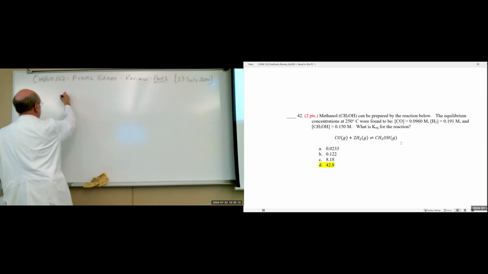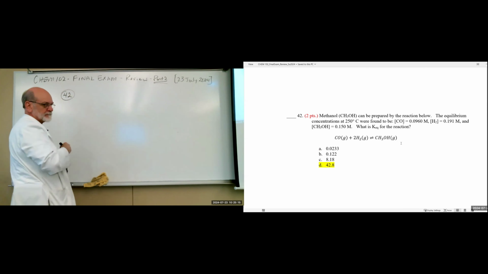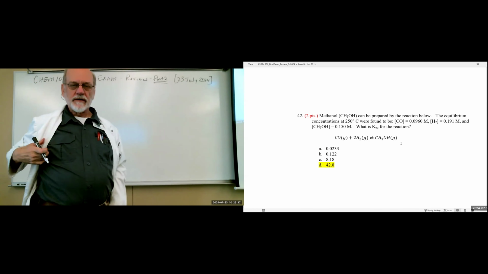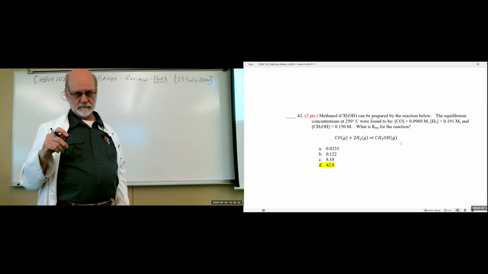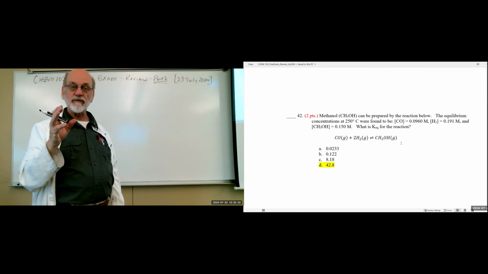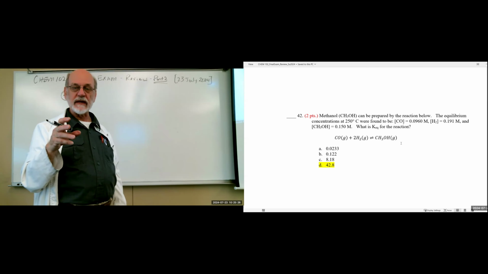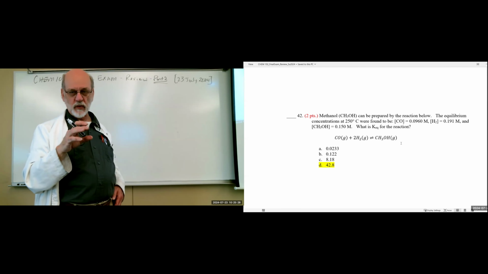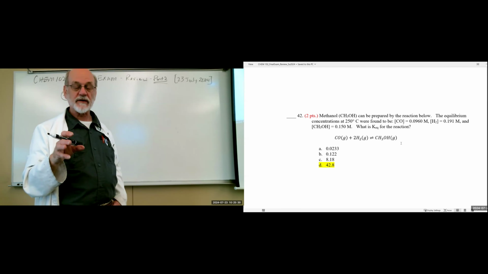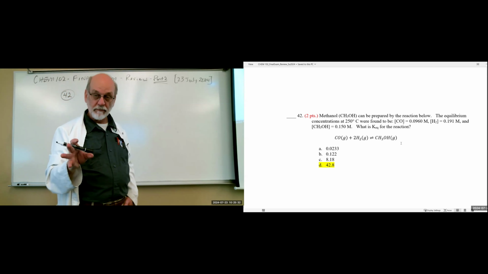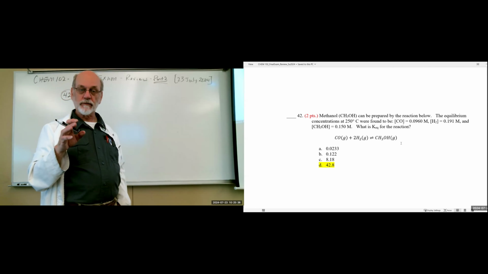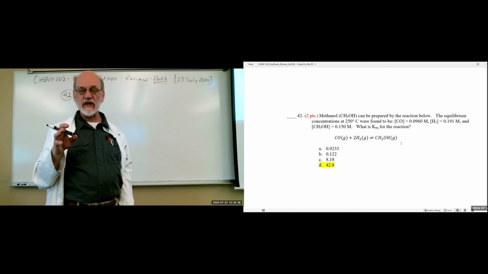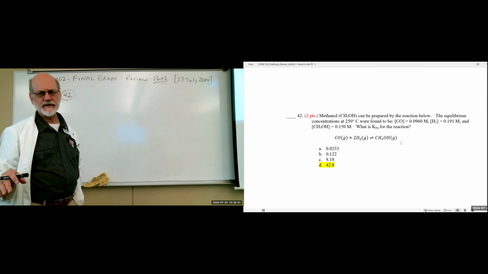Number 42. Methanol, CH3OH, can be prepared by the reaction below. Equilibrium concentrations at 250 degrees C were found to be 0.0960 molar for carbon monoxide, 0.191 molar for hydrogen, and 0.15 molar for CH3OH. What's the Keq? This is simple.